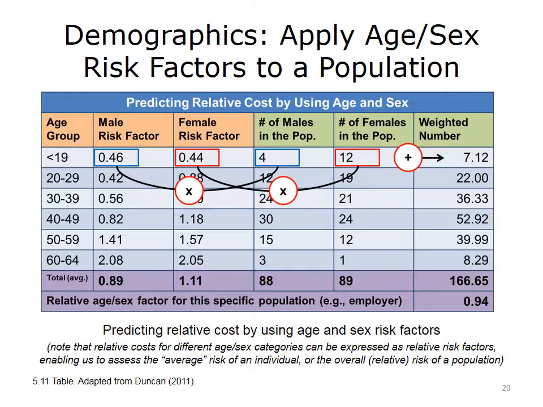An overall risk factor of 0.94, which is lower than 1, means that this population will probably have a lower cost next year, compared to the general population. However, this is just a probability that was calculated based on age and sex, and this probability can be inaccurate. Note that the calculations assume that nobody was added or left the plan throughout the year.